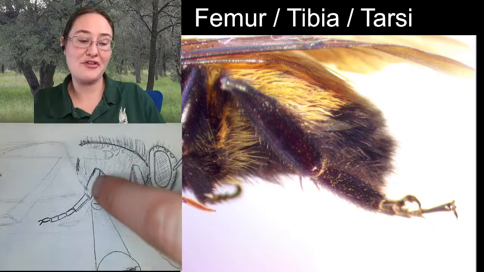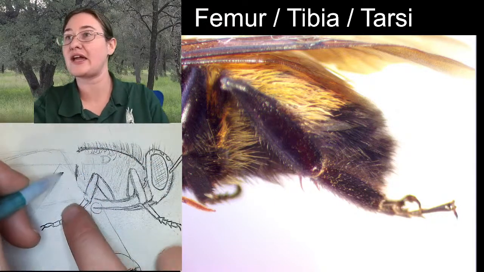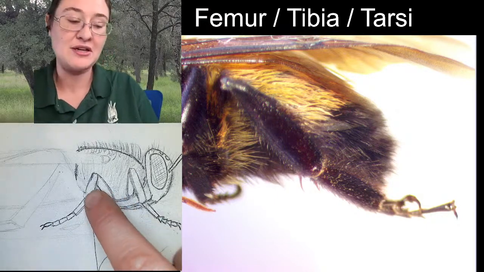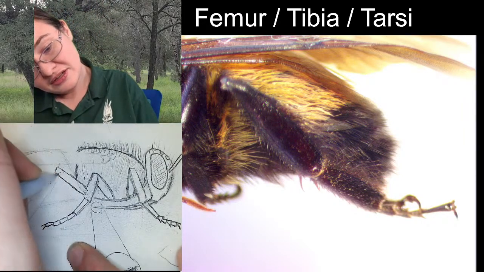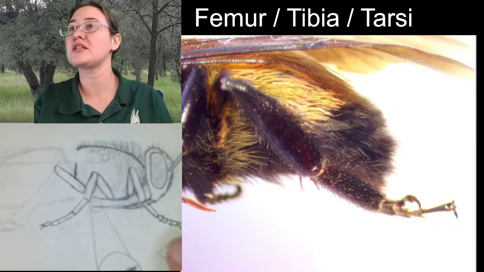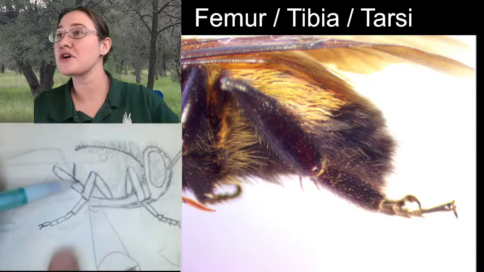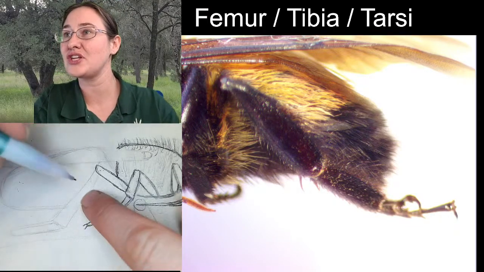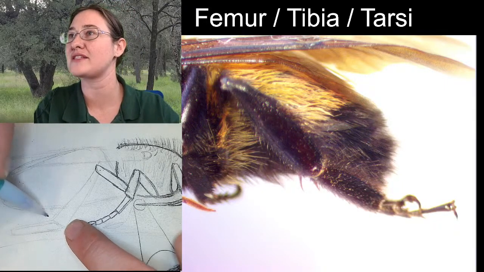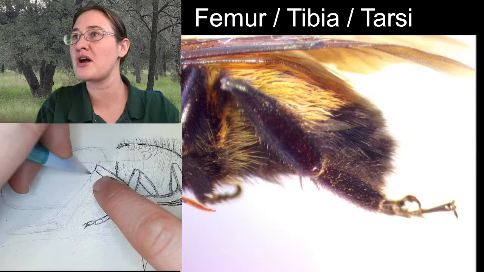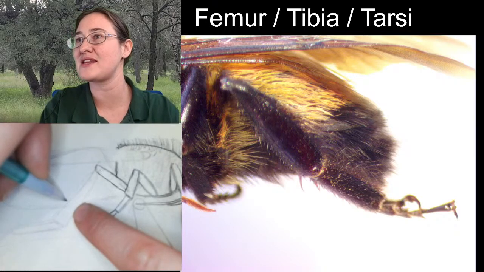All right, now the femur is connected right here at the base of the thorax, and it's going to come up in front of the abdomen. So if we start it right around here and bring it up like that, like a longer, rounded-out rectangle. Our tibia, I had originally sketched very narrow at the base and then wider at the top, but it looks like it expands higher up and is not as long.